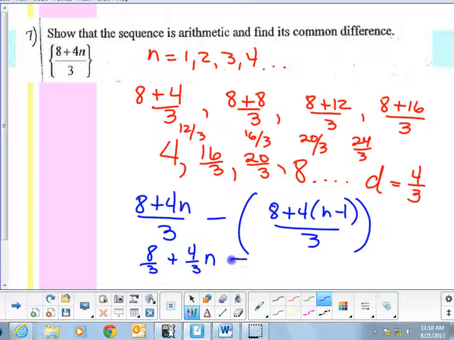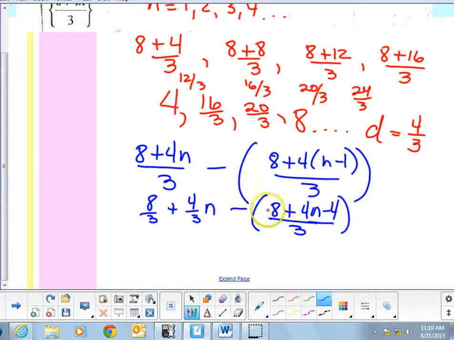This one I'm going to leave as minus parenthesis 8 plus, and distribute. That's all over 3. What does that simplify to, guys? 8 plus 4n minus 4 simplifies to 4 plus 4n. Everybody with me? 8 minus 4 is 4. And now these are thirds, but there's a minus out here.